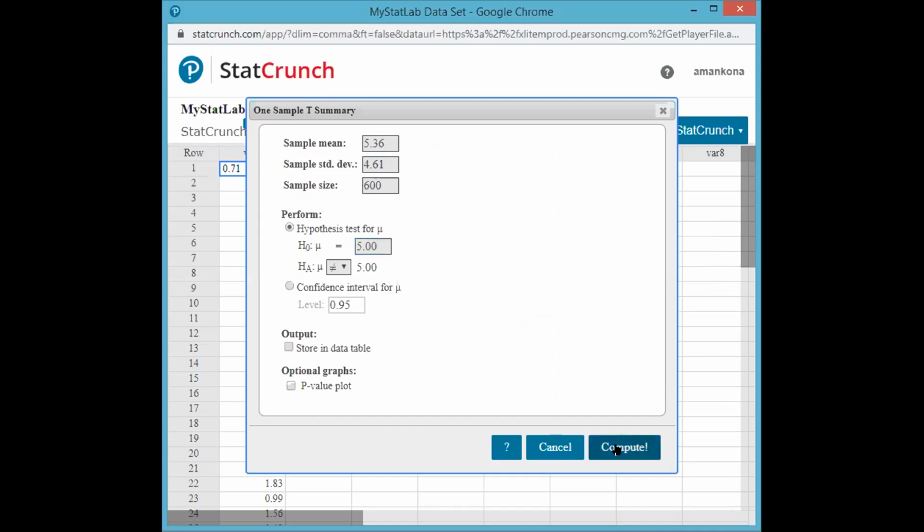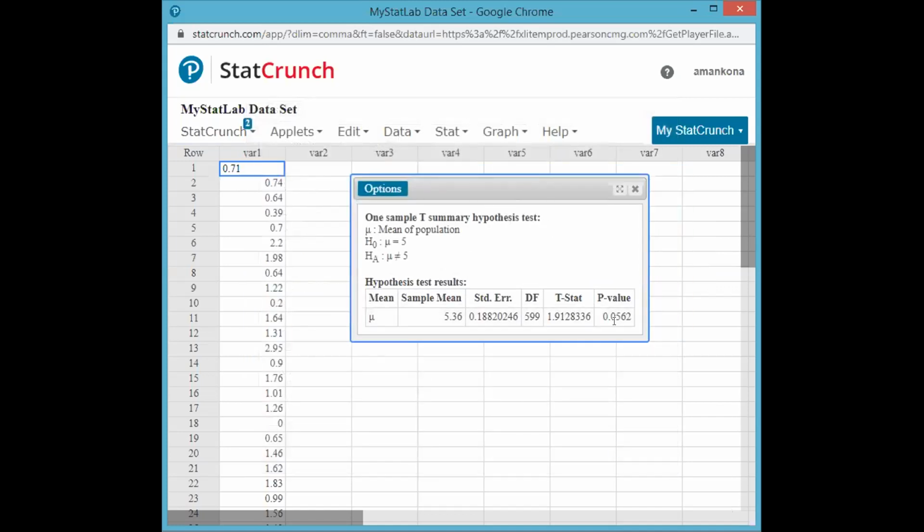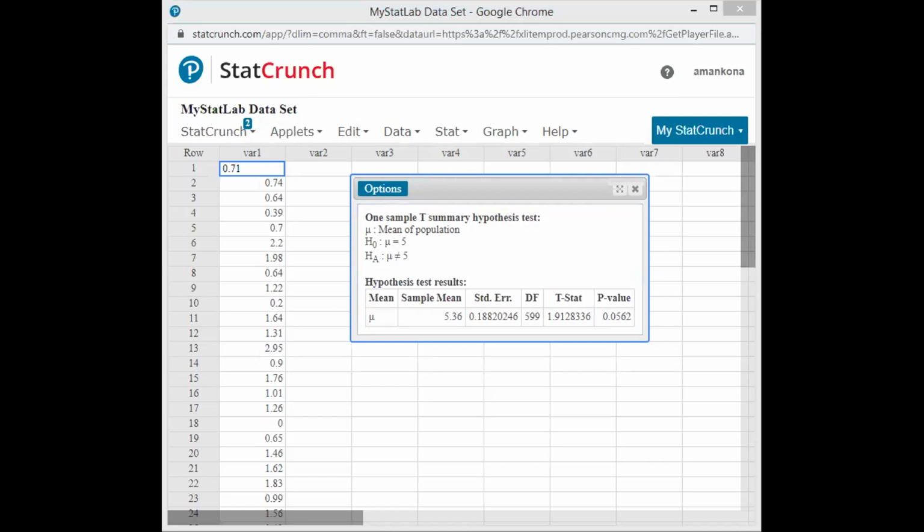Then I say compute. This gives me the p-value, which has already been multiplied by 2, so I don't multiply this p-value by 2. It's given. My test statistic is 1.91. So we go back to the PowerPoint.